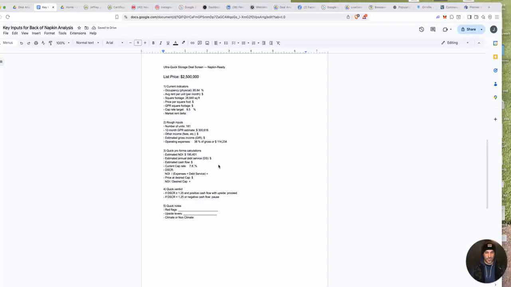Again, it just gives you information to go back to the broker or the seller with and start a conversation, right? So how far are we off here? If we are going to get this price at your desired cap rate, we would take the estimated NOI, 195,401, and divide it by our desired cap rate, 0.085.